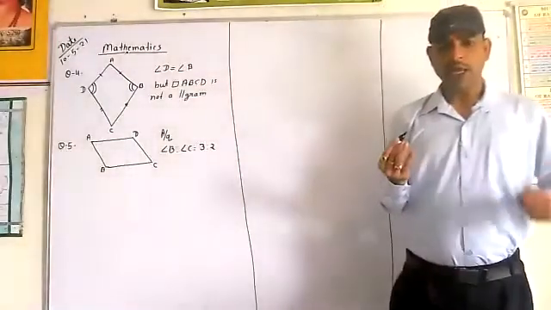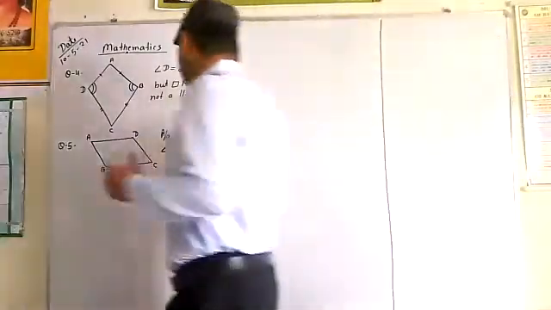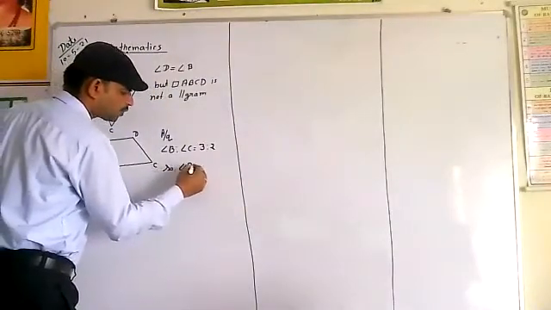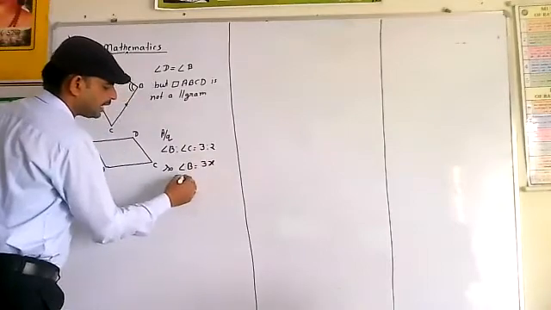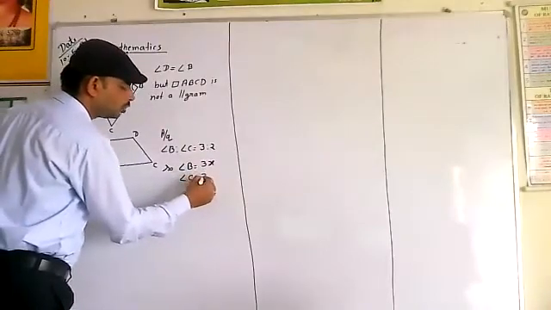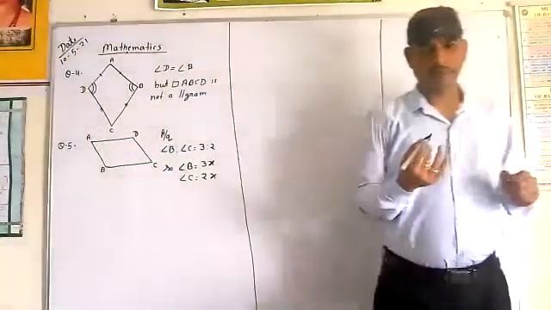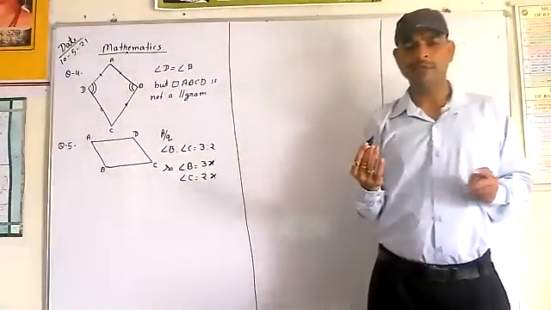Okay. So let angle B be 3x and angle C be 2x. We know that in a parallelogram, the sum of adjacent angles is 180 degrees.